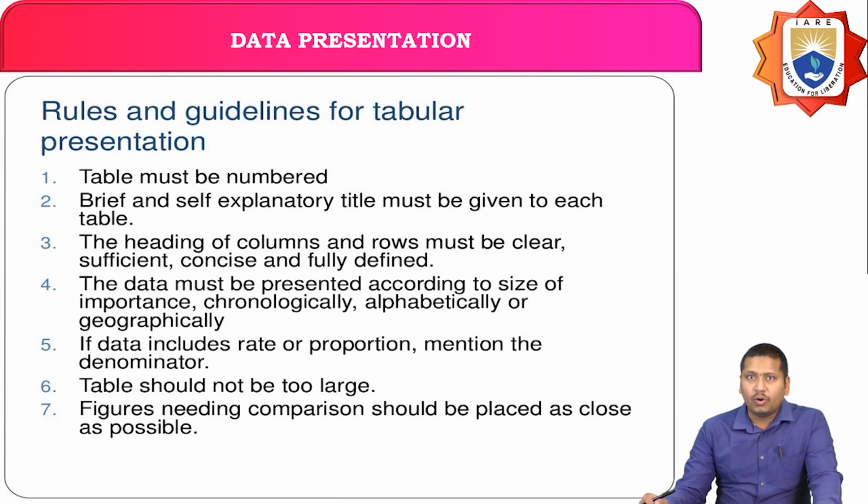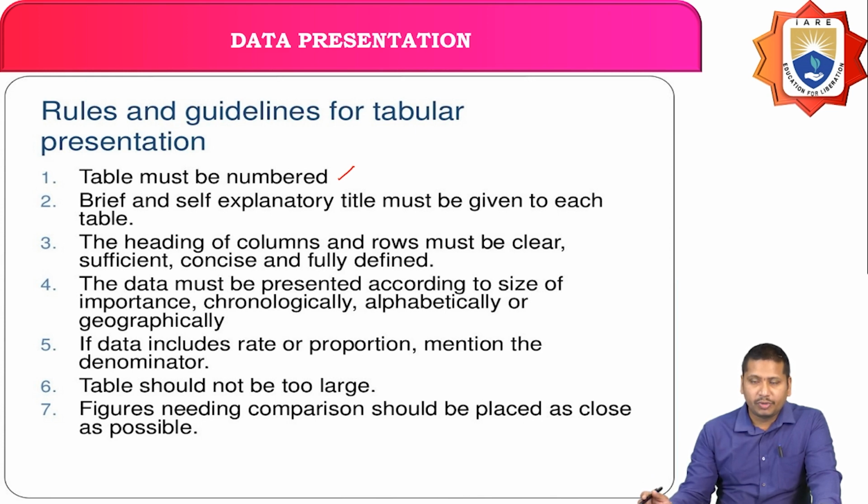Next, what rules do we follow for tabular representation? First, the table must be numbered, and a brief and explanatory title must be given to each table. The headings of columns and rows must be clear, sufficient, concise, and fully defined.